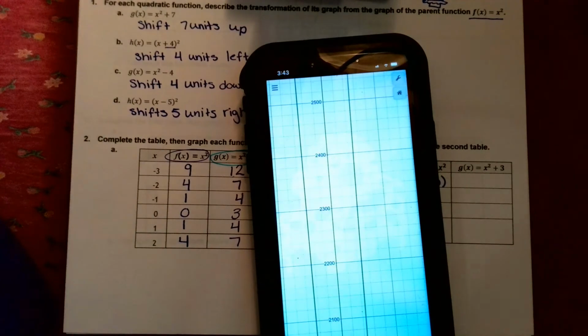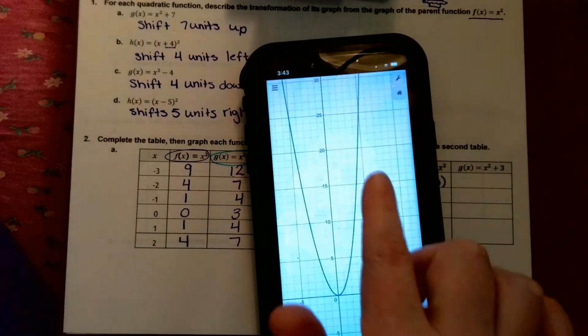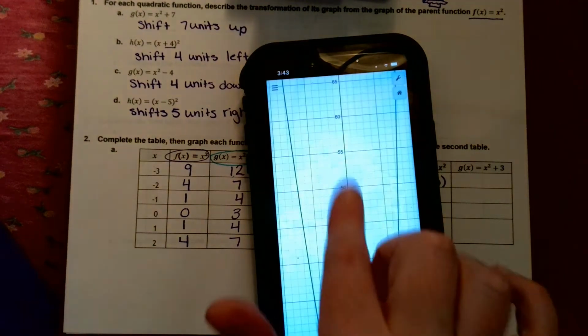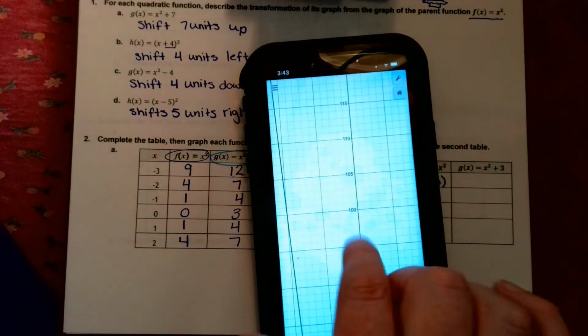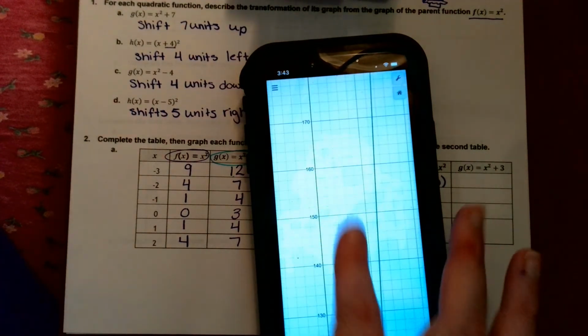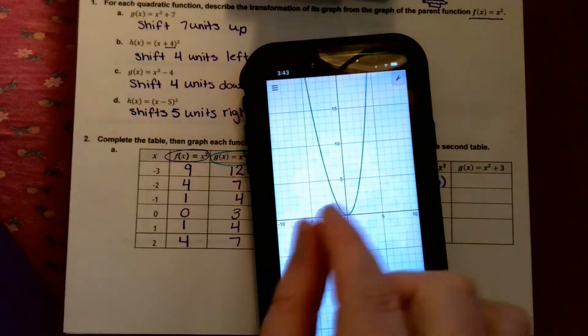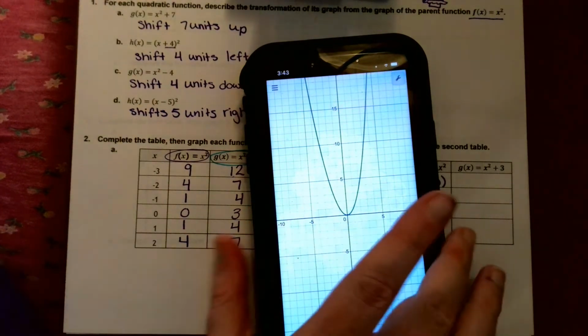It's really kind of hard to see. Let's go back home. This is going to keep getting wider and wider as I scroll up. If I were to zoom in, I'm still going to get wider and wider. So it's eventually going to touch every single x value from negative infinity to positive infinity.